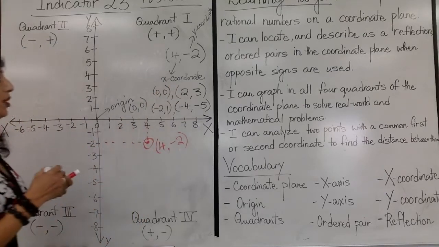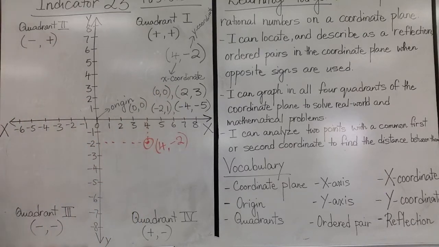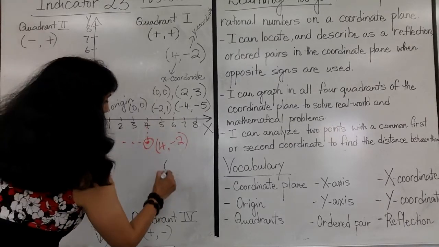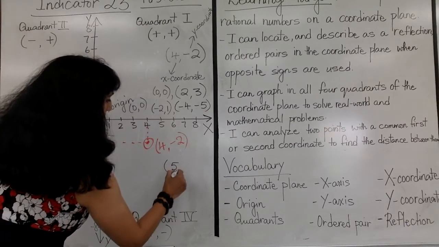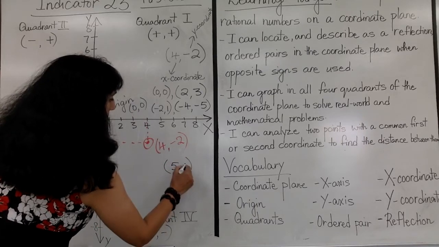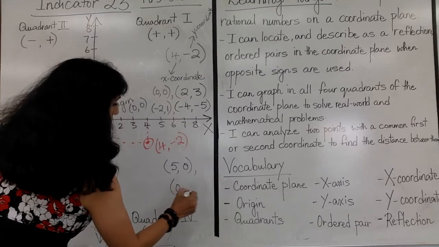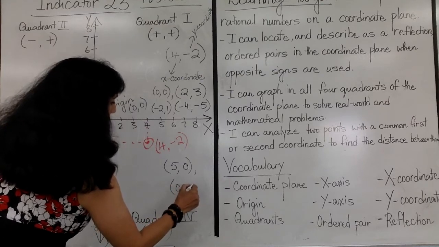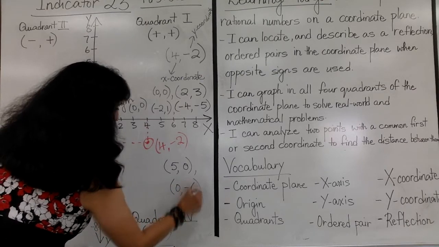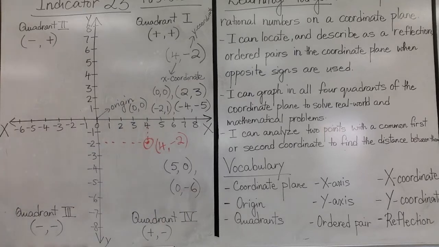So these are the 4 ordered pairs I'm showing you how to graph. Actually, let me give you another one, 5, 0, because this is the one you make mistakes on, and then 0, -6. Okay, so let's plot these.